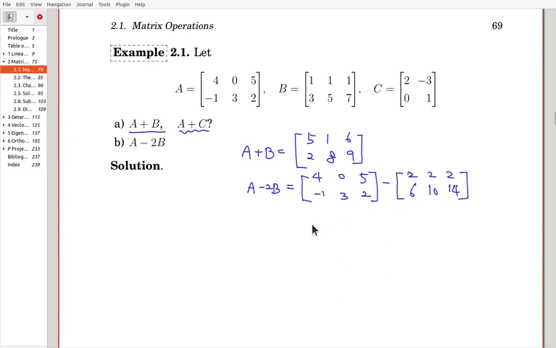Now the subtraction can be done by subtracting corresponding entries. So here 4 minus 2 is 2, 0 minus 2 is minus 2, 5 minus 2 is 3, and so on. Minus 1 minus 6 is minus 7, 3 minus 10 is minus 7 again, and 2 minus 14 is minus 12.